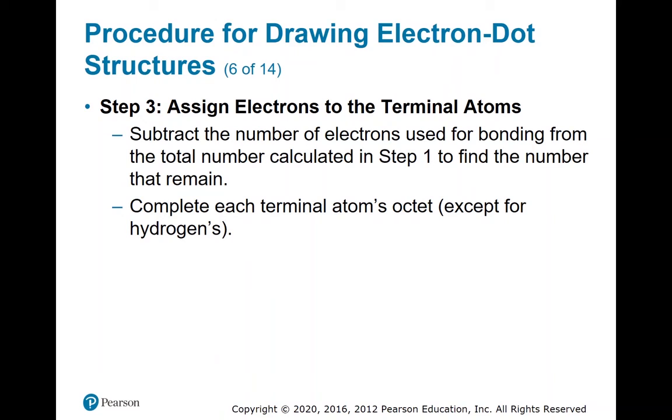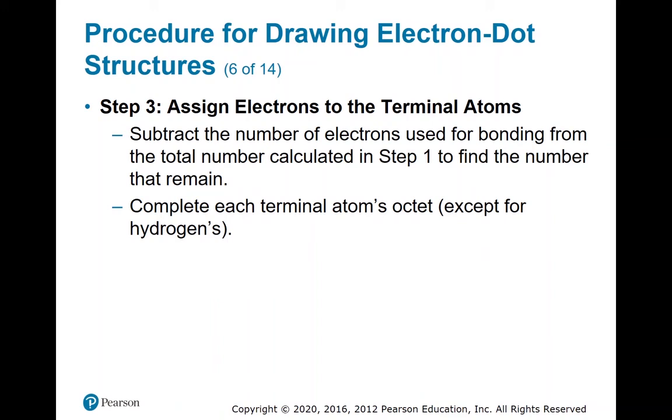You kind of need to work through lots of examples to get a good feel for how exactly this should work. Now, for step 3, which of course you'll apply after step 2, where you've assigned the central atom and attached the other atoms to that central atom, what we're going to do next is assign electrons to the terminal atoms. So the atoms on the outside, we're going to use lone pairs of electrons from the total number of valence electrons we have available to complete their octets.